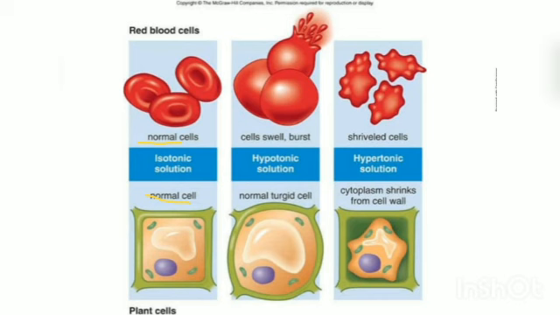The animal cell will swell up, and it can even burst by keeping it for more time. Then in the case of a plant, what will happen? The cytoplasmic content of the plant cell will swell up, and it will create pressure upon the cell wall.